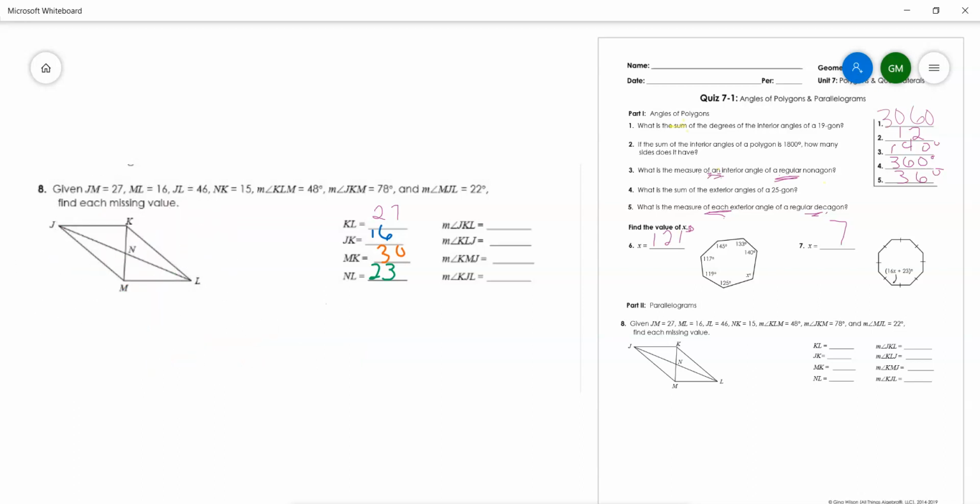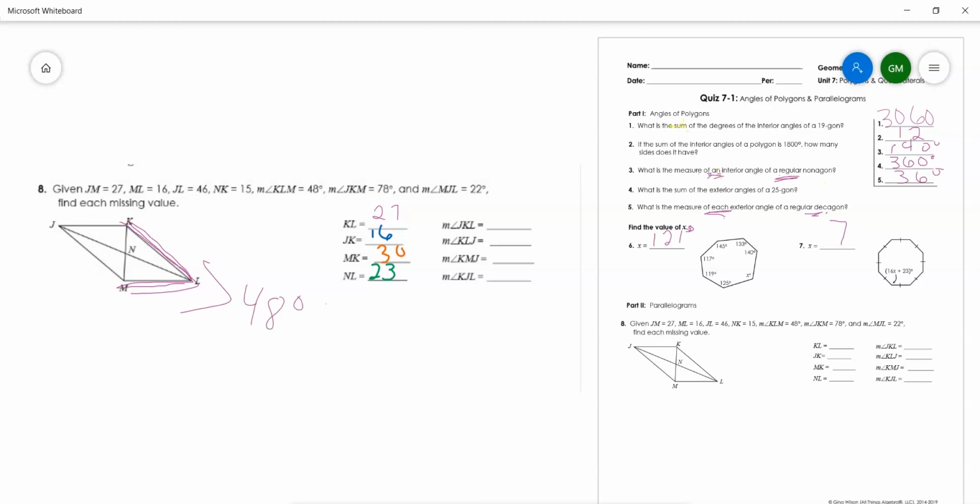Remember, on your corrections, you're going to need to have both angles and sides marked at the same time. So the angle they give me is KLM. Remember, make sure you follow it around. KLM, so that's the whole corner. The whole thing is 48 degrees.